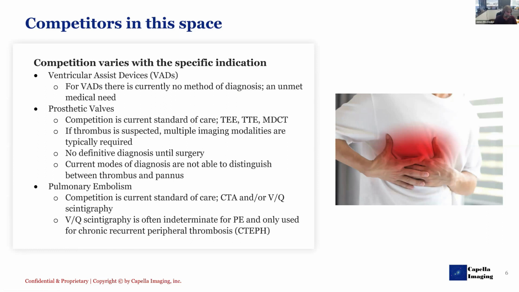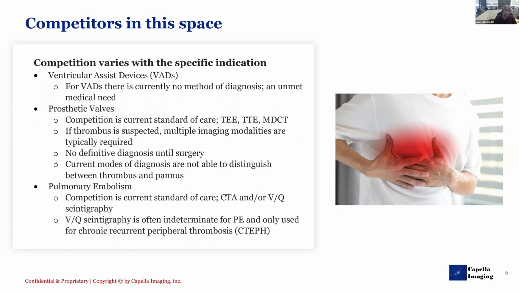So our competitors in this area, in terms of ventricular assist devices, there's nothing. It's a completely unmet need. You're not able to use any of the common imaging modalities because you've got this very large chunk of metal in your chest. Prosthetic valves, we're up against the current standard of care, which are a couple of imaging modalities here. They're all some form of echocardiography.